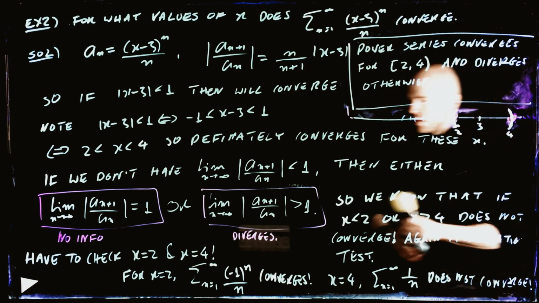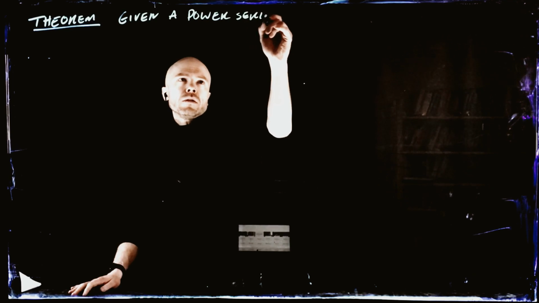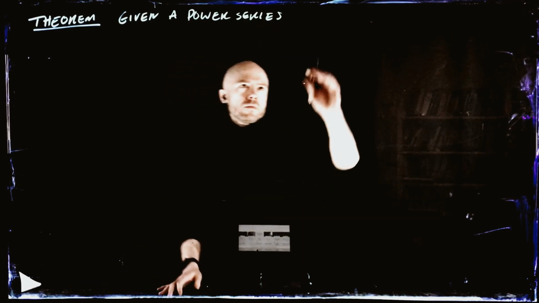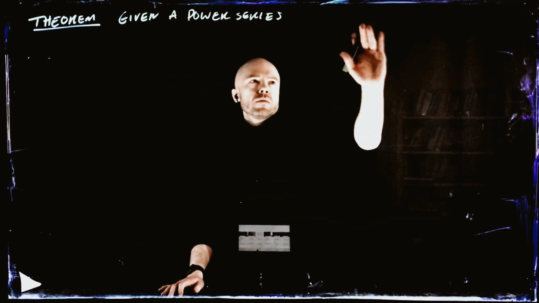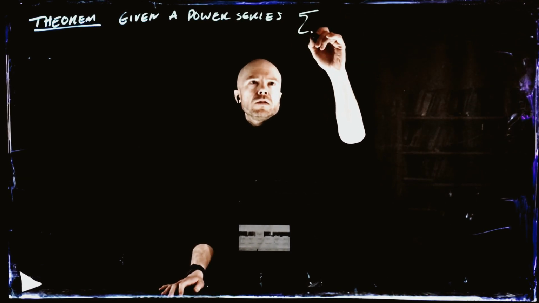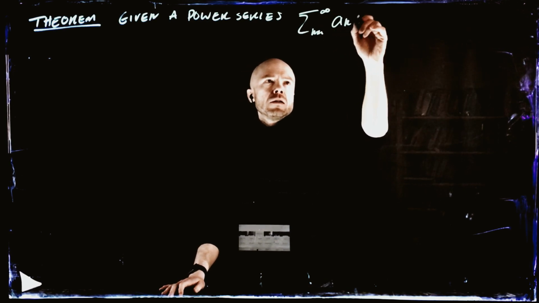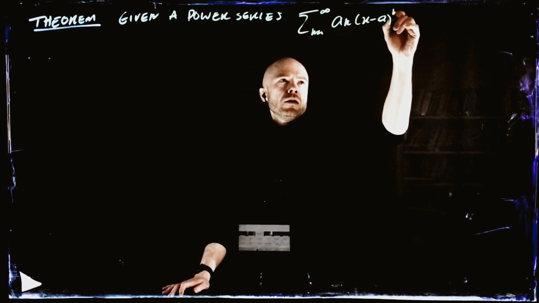We are given a power series, which is given by the sum k equals 1 to infinity of ak (x minus a) to the k.